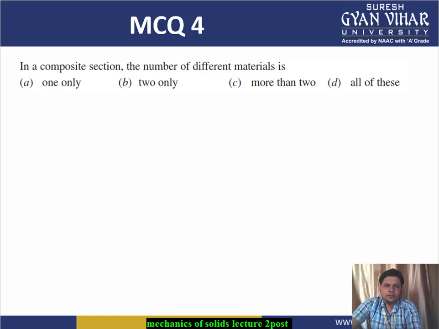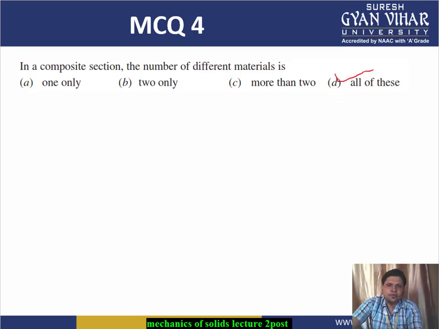We all know that in a composite section there are more than 2 different materials. So either B or C could be the answer, because a composite section itself means that it is made of 2 different materials, or it can be of the same material also. So answer D can be the correct answer.